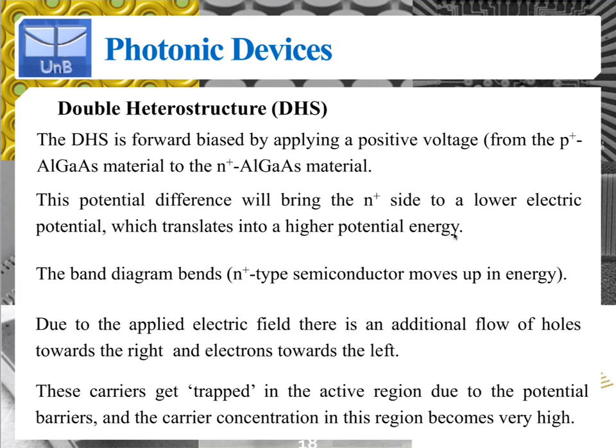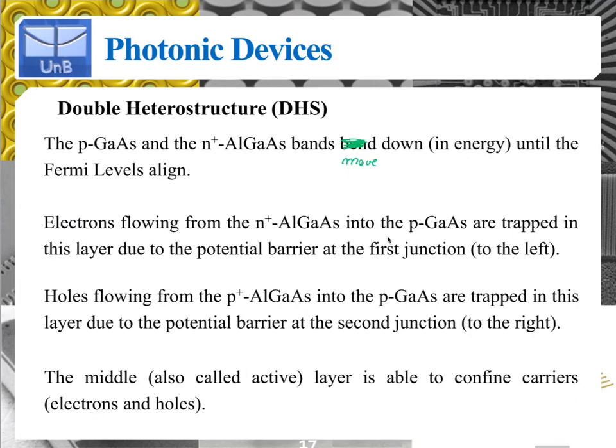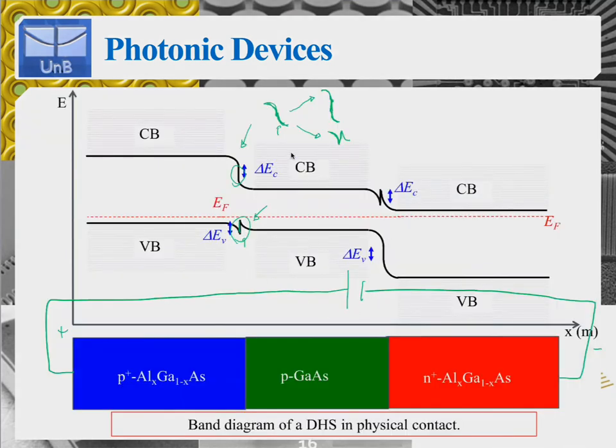Okay, now what are we saying here? So this is the junction without any bias, without any external voltage source applied, right? Because of the flow of carriers, the bands will bend, and this is the new band diagram for the device. But once you apply a positive bias here, like we've illustrated, this will change again, right?